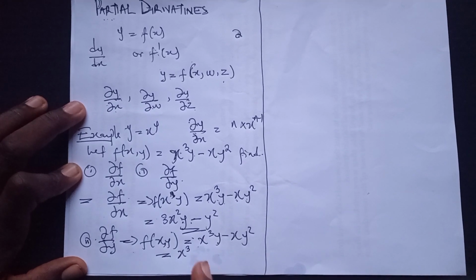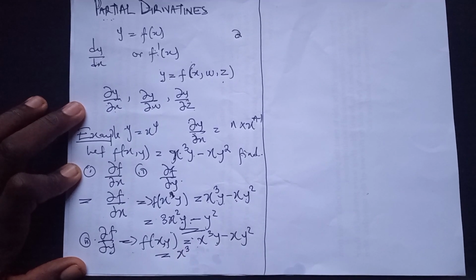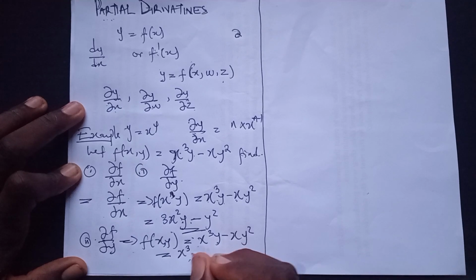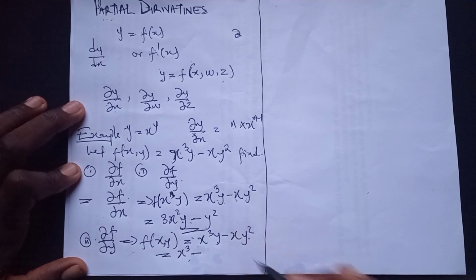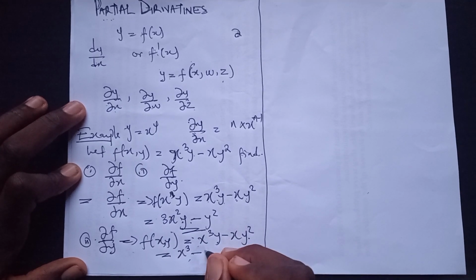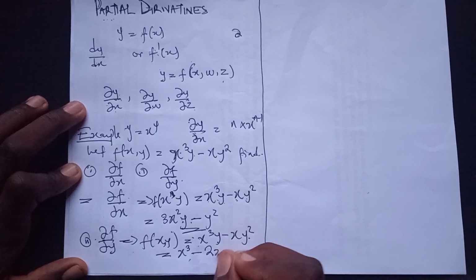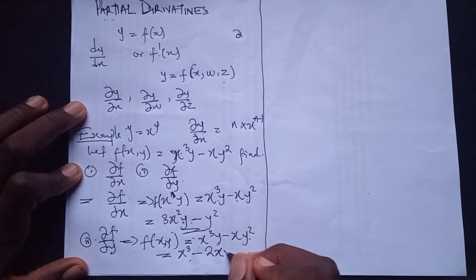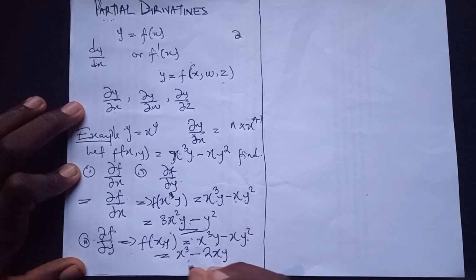The answer is 1. So if you multiply 1 by x cubed, it is still x cubed. So minus, differentiate y squared, you have 2y. So here you have 2xy. So this is your answer.